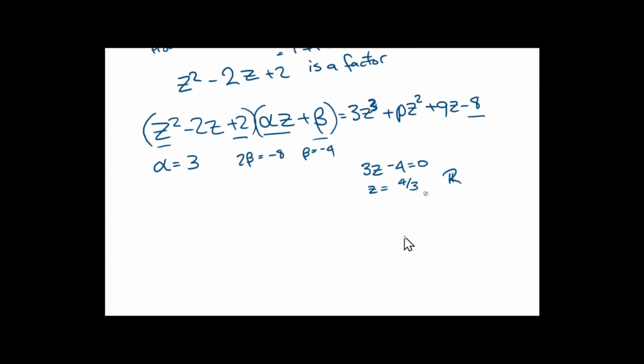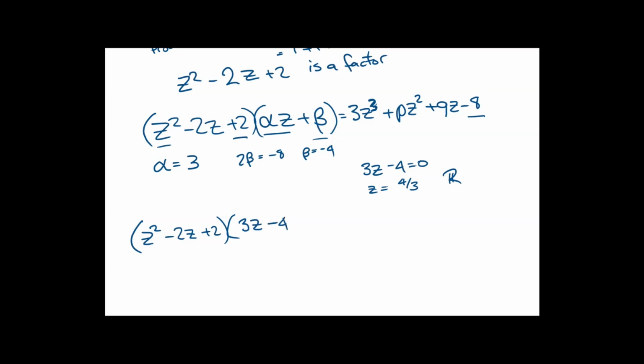But that doesn't really help us, because we're trying to find what p and q are. So the way we're going to do that is we're going to expand this out. We know what alpha and beta are. 2z plus 2. And that's going to be, what did I say?